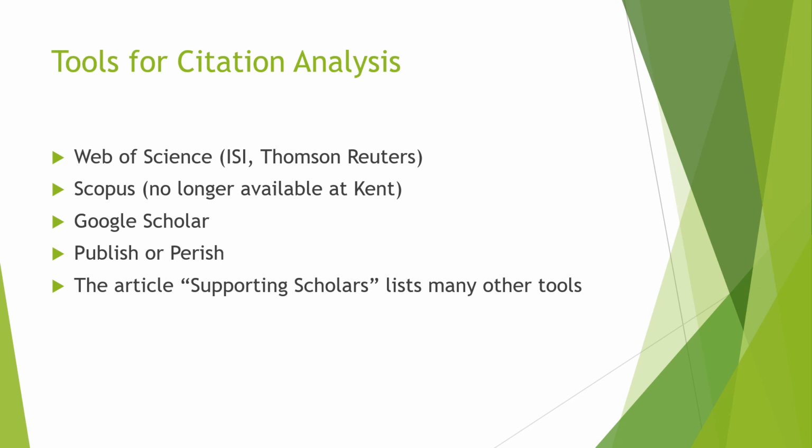Publish or Perish is also free, but you have to download it to your computer and use it. Now, that may sound simple, but sometimes in academia, our computers are locked down. I've taught workshops in using Publish or Perish to faculty who cannot download anything without the IT staff doing it for them. So even access to these tools can be problematic at times, and may be why Google Scholar is one of the more popular of them.